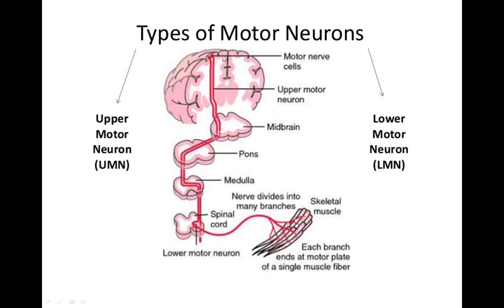Okay, and all that motor output is generated by the integration and the processing taking place in these different areas of the cortex, and will finally be transmitted to the effector through the upper motor neuron, which originates in the primary motor cortex, and then relays to the lower motor neuron, which will then end in the effector, which is the skeletal muscle, eventually producing the required, measured contraction, resulting in the production of a meaningful movement.